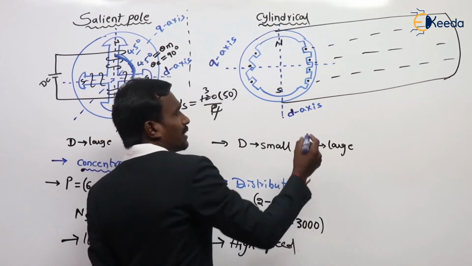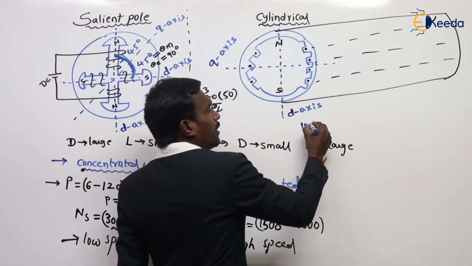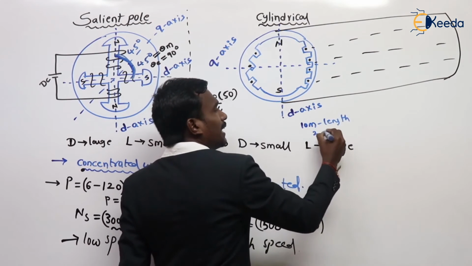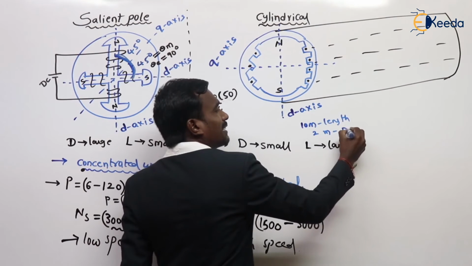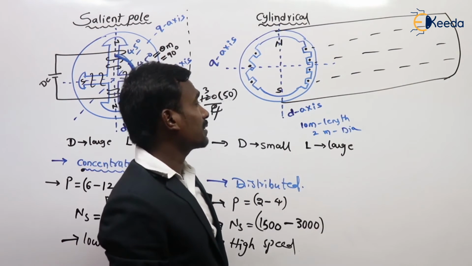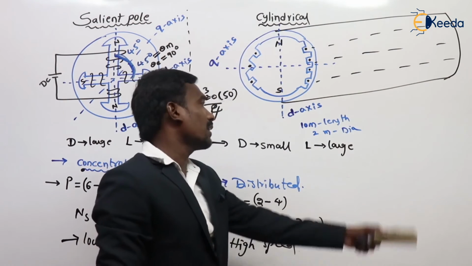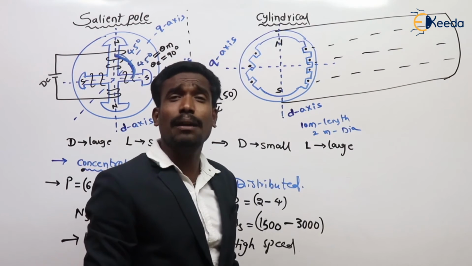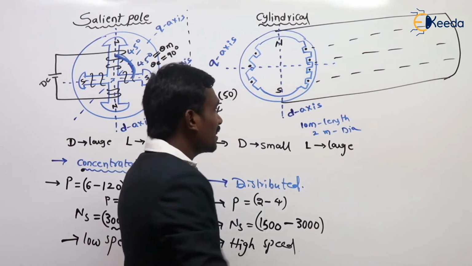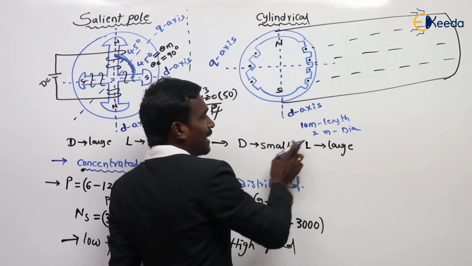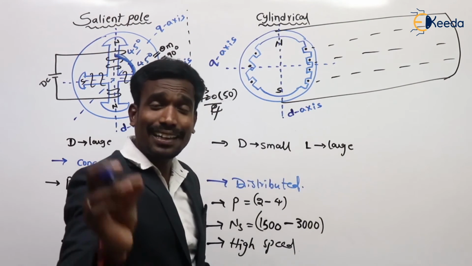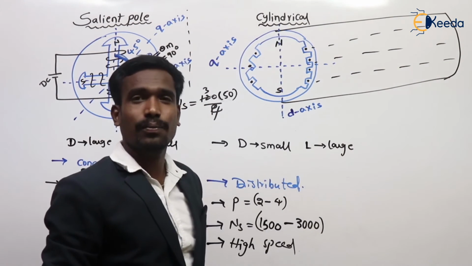They will ask you a question like this. For example, 10 meters length, 2 meters diameter. Is this a salient pole type or cylindrical type? See here, more length, less diameter. So this is a cylindrical type of rotor. Like that you have to mention the answer.